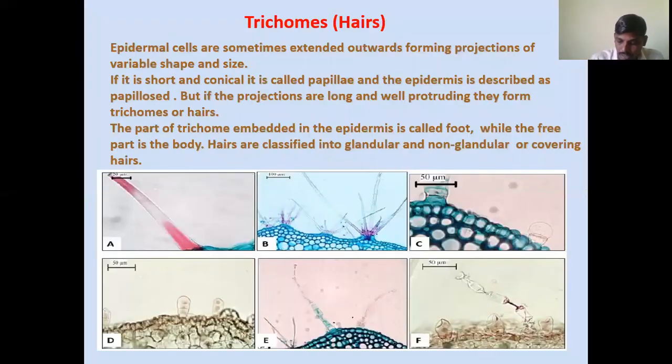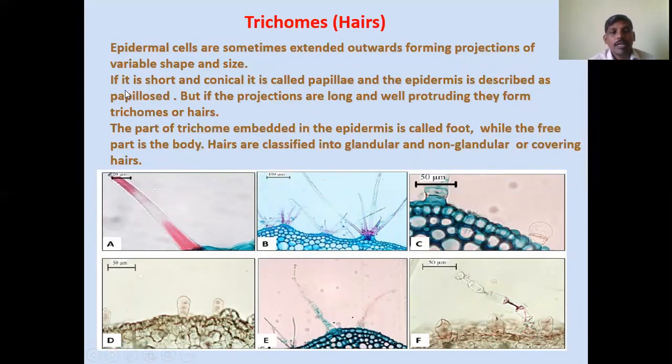Next, we discuss another accessory structure of the epidermal tissue system, that is trichomes or hairs. Trichomes or hairs are external emergences or appendages derived from the epidermal cells. Epidermal cells sometimes extend outward, forming projections of variable shape and size.